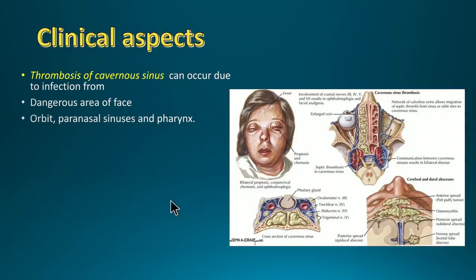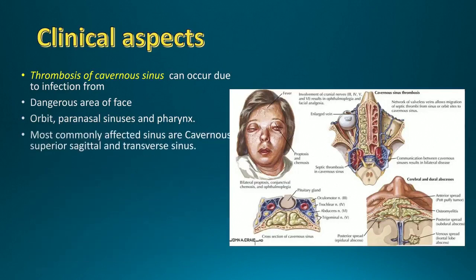Through this, from the paranasal sinus and pharynx, it can spread. Most commonly affected because of this is the cavernous sinus. So, that is why it gains much clinical significance with respect to the other sinuses. The cavernous sinus is the most commonly affected sinus.